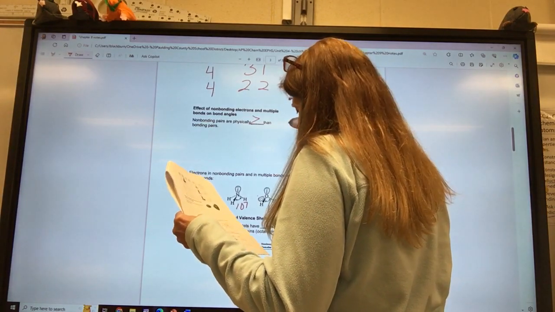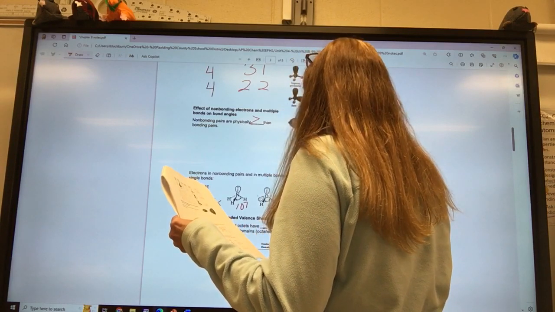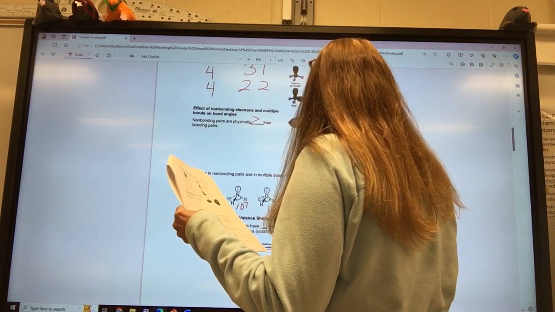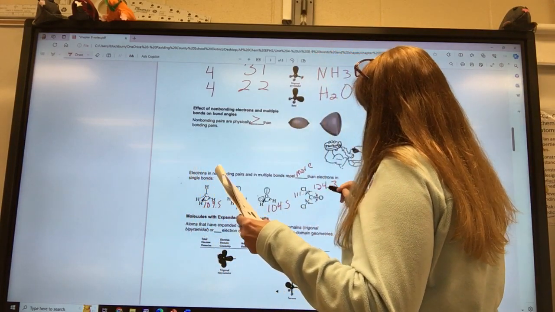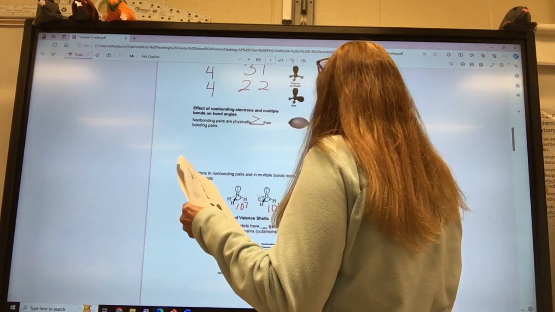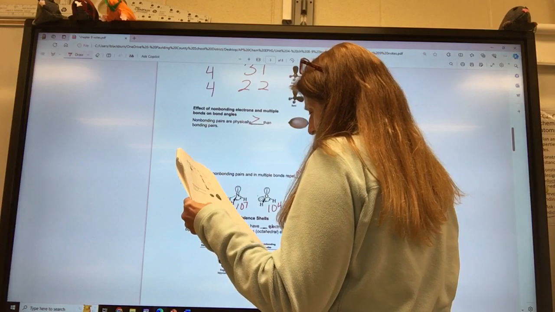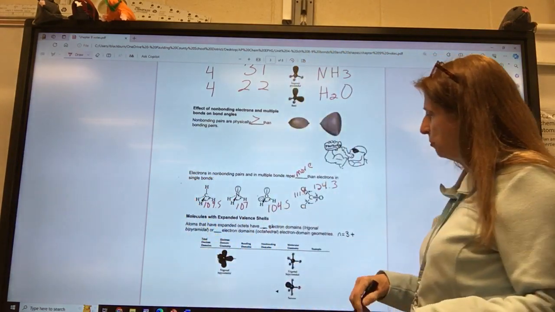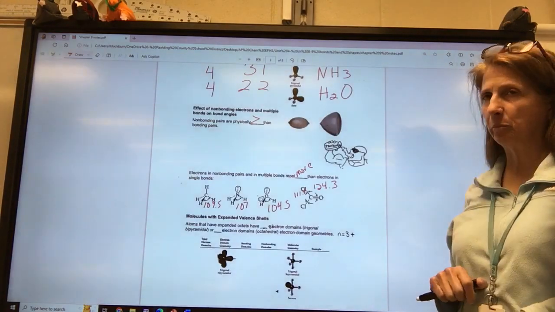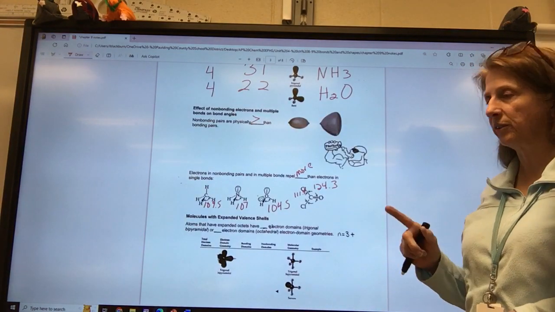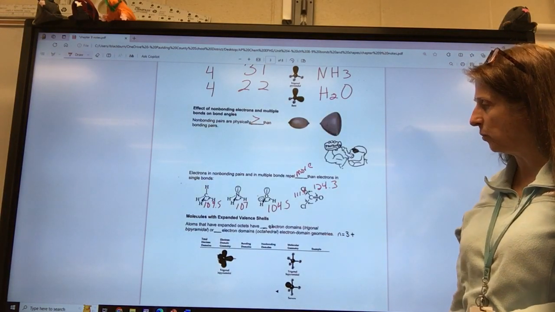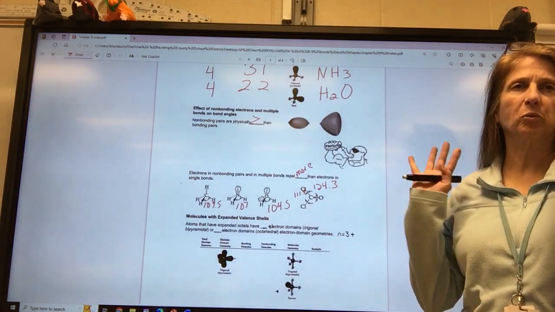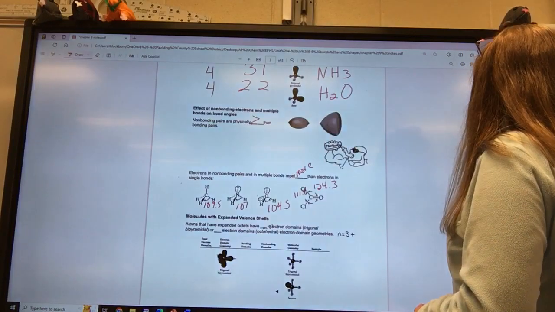Says 4, but that doesn't add up to 360. 124.3 and 124.3 is 248.6, so this should be 111.4. It's close enough because 6 and 4 is 10. So unshared pairs and double bonds squish everything away from it a little bit more.